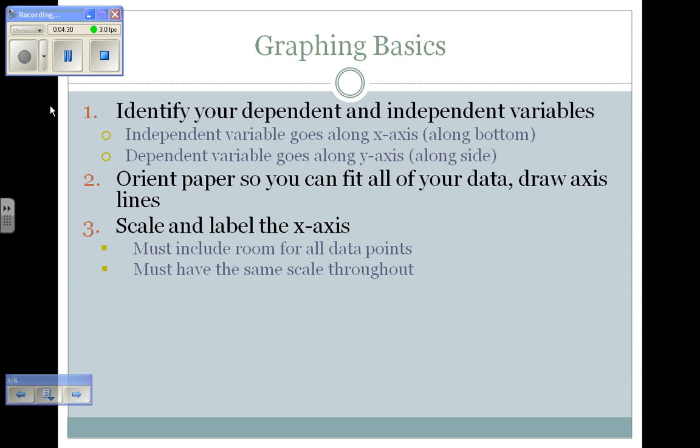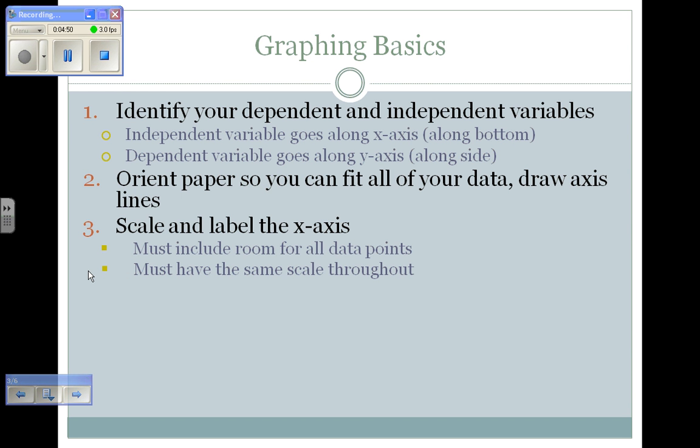Let's say that each square in our graph paper is 5. Well, then that 5 would be, let's do the math, 7 squares away from the 40. We'd have to have a much bigger gap. The important thing, the thing that we'll practice in class, is keeping that scale the same.